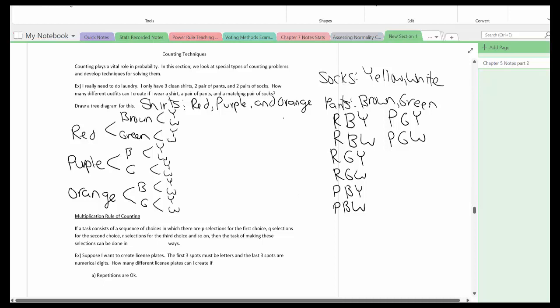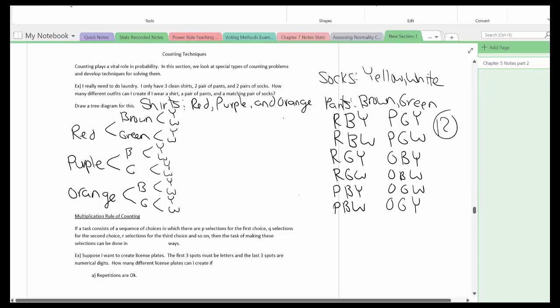And now we'll do the exact same thing for orange. Okay, so let's count. We've got 6, we've got 12 different outfits.